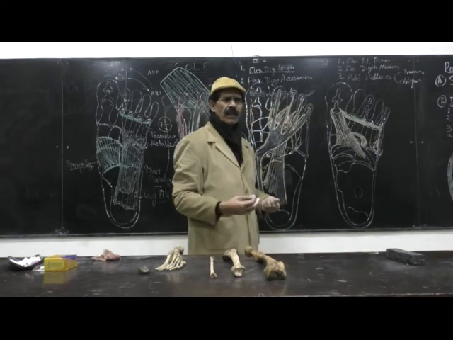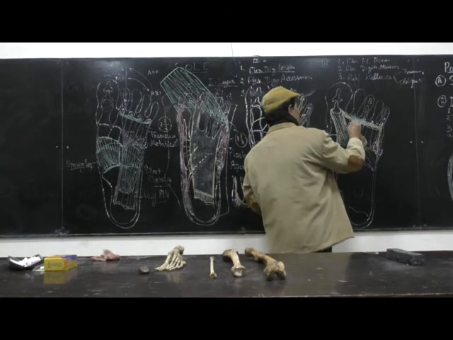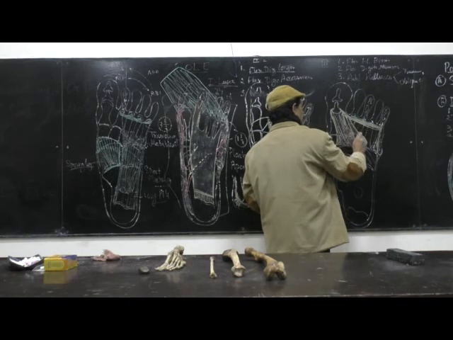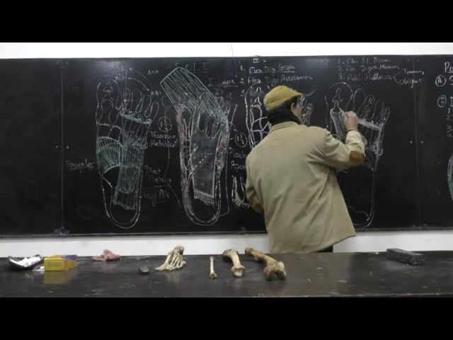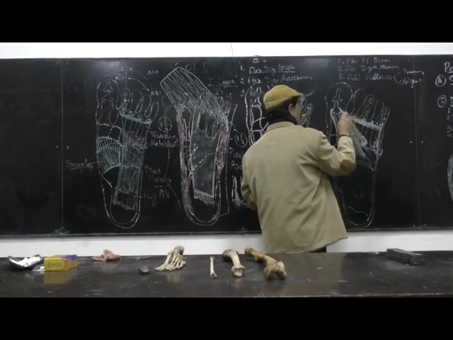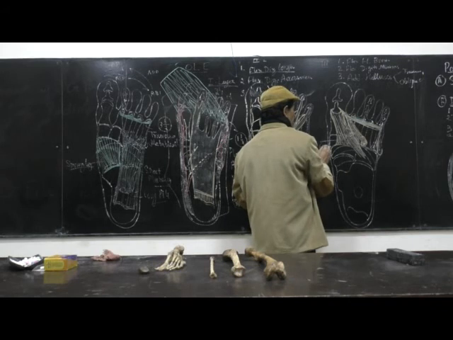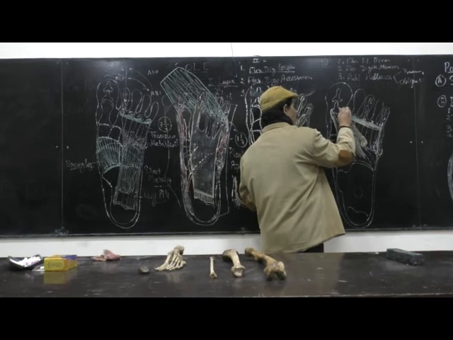As the name is oblique, it runs obliquely upward and laterally, and the transverse and the oblique heads fuse together and form the combined tendon, which is inserted over the lateral aspect after fusing with the lateral slip of the Flexor Hallucis brevis. Because of these tendons together, a sesamoid bone develops here.